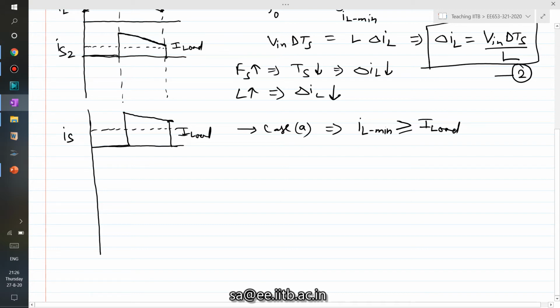The other possible scenario is something like this, where you have a very large ripple, and here you have an average.